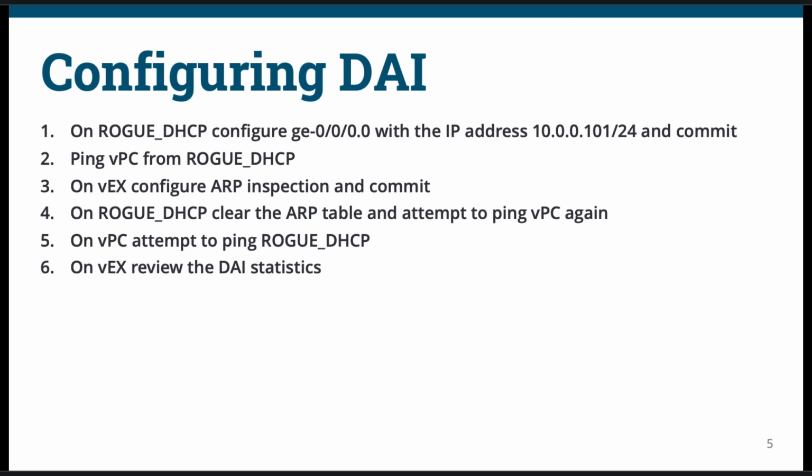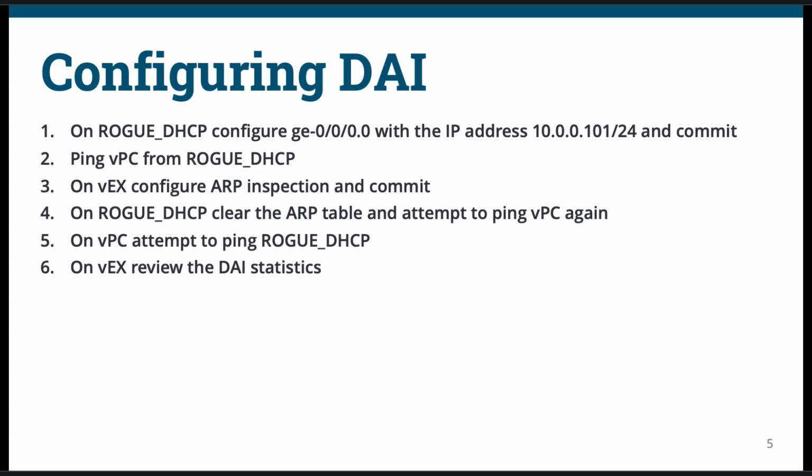In the next part of the lab, we'll configure dynamic ARP inspection. Recall that DAI is used to ensure that ARP messages which contain information that doesn't match the DHCP security database are dropped.